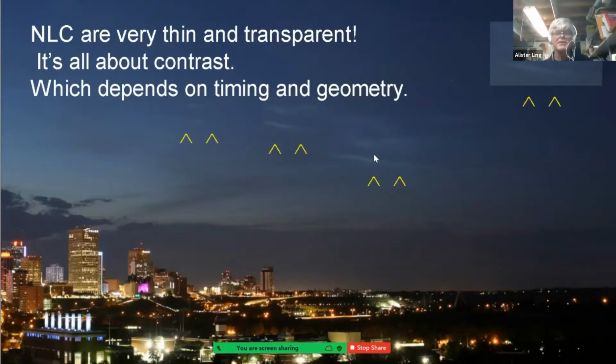But to show how the contrast is so delicate, if I copy this and paste it into a lighter area, as the sky gets brighter, it just overwhelms the Noctilucent clouds. But if the clouds are in an area farther from the twilight, they can be quite bright.